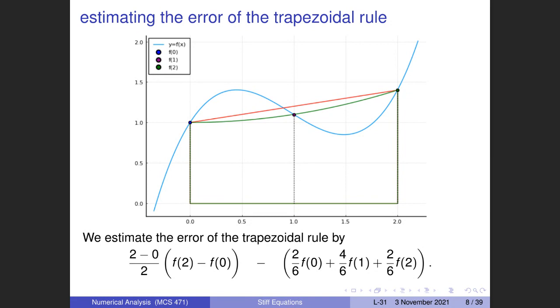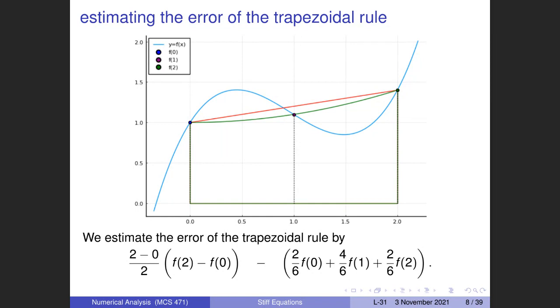So in a way, we are doing one extra function evaluation. The previous function evaluations are weighted less, so they have the weight 2/6. The new function evaluation has a higher weight, 4/6. So the new function evaluation, if you like, counts for twice the old function evaluations.